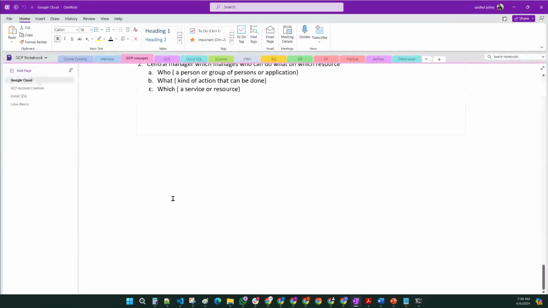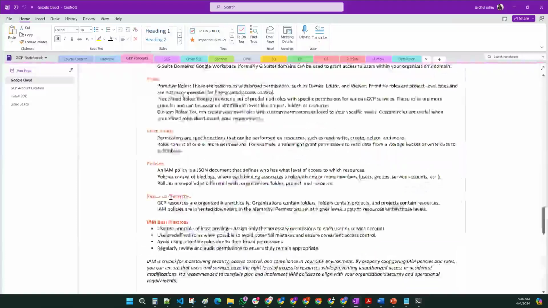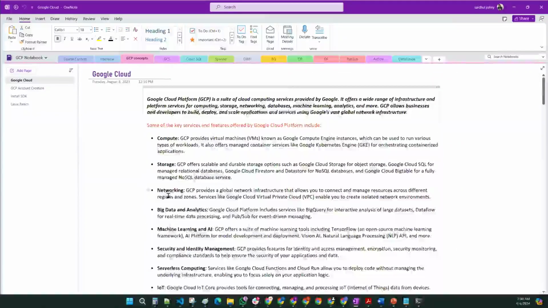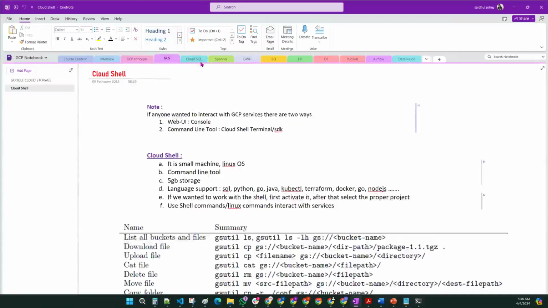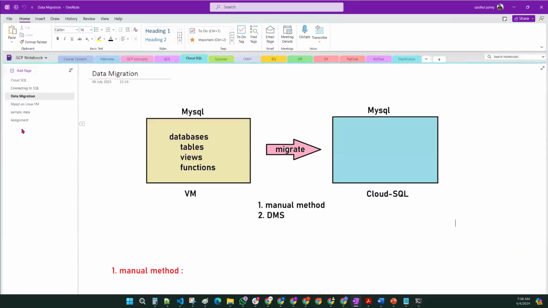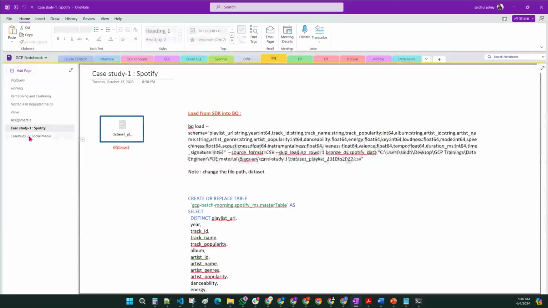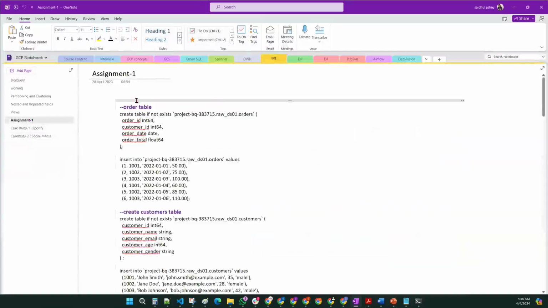So these are the notes for the advanced guys. The material for this particular boot camp I will share separately, but this is the course for the advanced. In this one, we are going to have all the things very detailed, with a data migration project also. In BigQuery, we have case study 1, case study 2, assignments, and Dataproc.